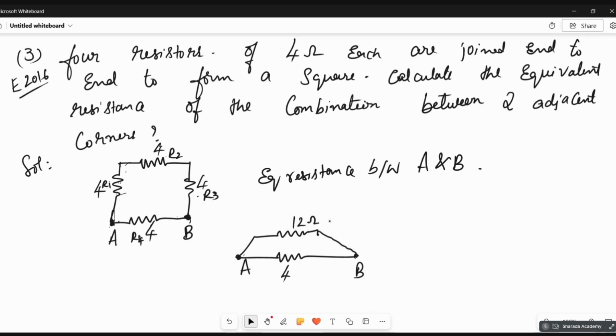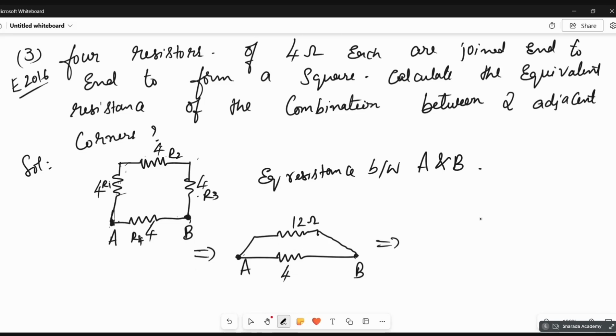Now, between any two points, I can replace two or three resistors, whatever is there, and put one like that. You have to check. If he's asking between A and B, you should try to solve from the other side. Always like that. So instead of all the three, I can put between A and B, all the three together, which are in series, and I will get 12 ohms. Always try to write two or three diagrams, you will understand.